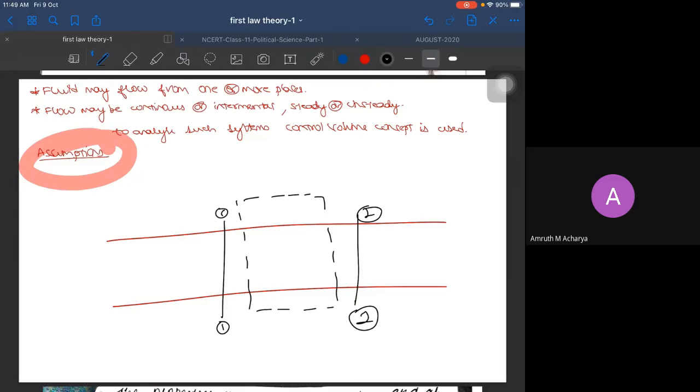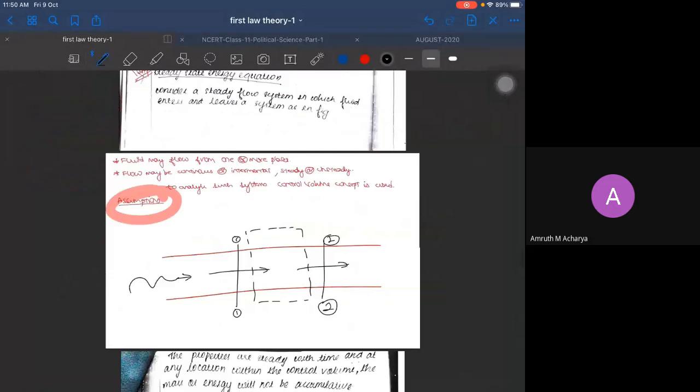The flow is in this direction, in the sense from 1-1 it gets in and from 2-2 it gets out. What he says is the amount of fluid which gets in and gets out at inlet and outlet should be the same. Whatever mass gets in has to be the same mass that gets out of the system for a particular interval of time. So that is your assumption number 2.